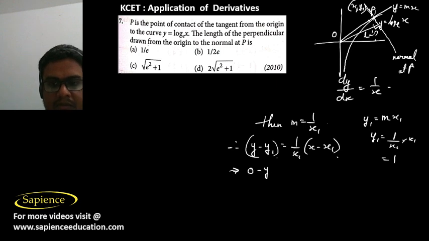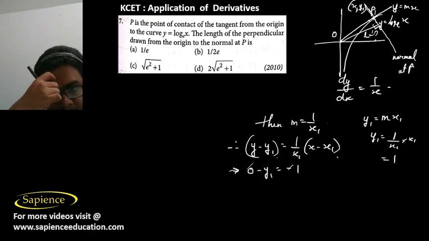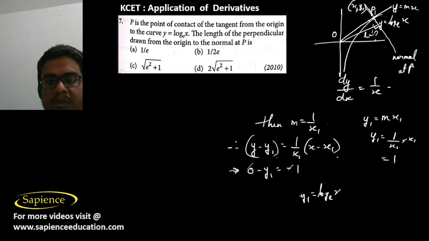That 0 minus y1, that is equal to y1 is equal to 1. Y1 is 1. Therefore, y1 that is also equal to log base e x1. This is 1 that is equal to log base e x1. X1 is equal to e.